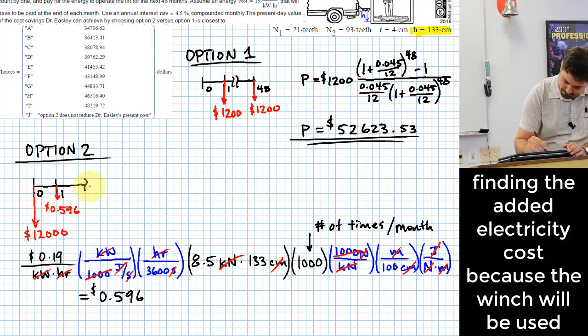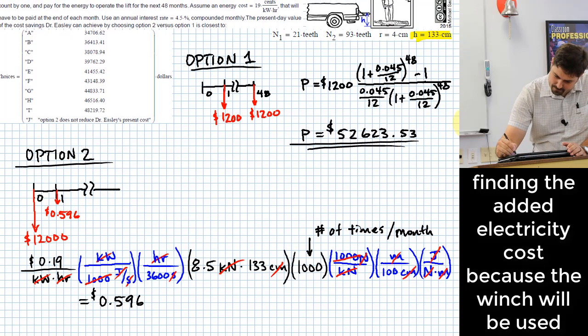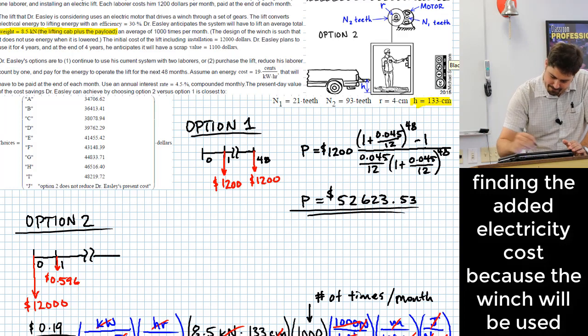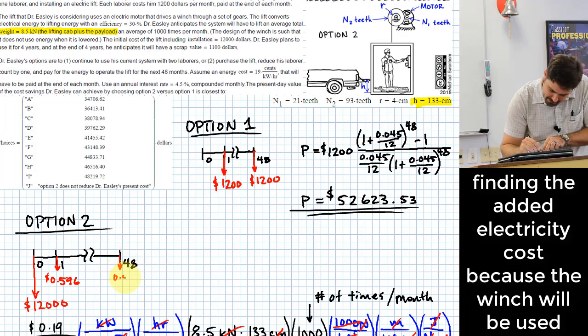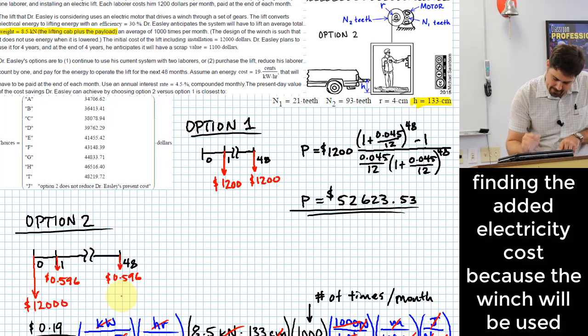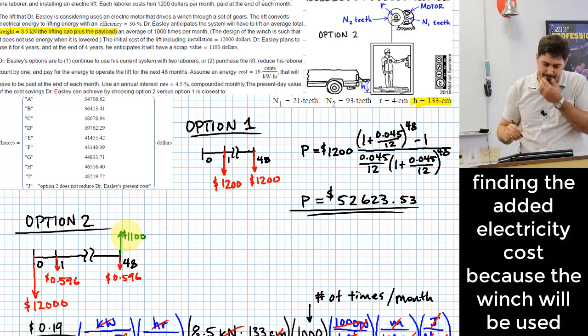Then what happens? Okay, we get to sell it at the end for $1,100. Okay, out here at 48, we will again at that time have our $0.596. Tell you what, I'm going to go ahead and store that into B. Okay. And then we have this money that comes back at the end of $1,100 for our salvage.